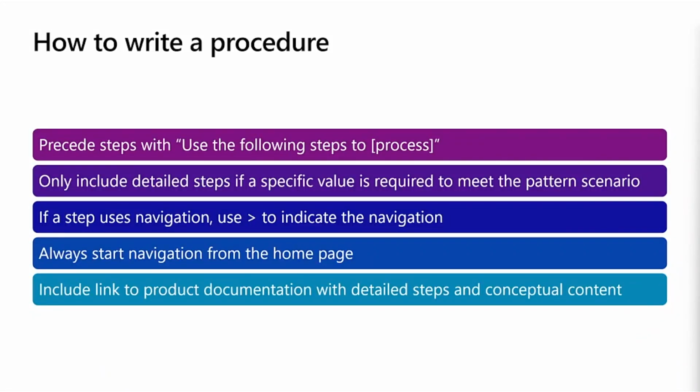But if your pattern requires that you create a sales order line with a product category, it would be okay to include the exact steps on how to select the product category on the sales order line, which is what differentiates that particular pattern from the normal way of creating a sales order.